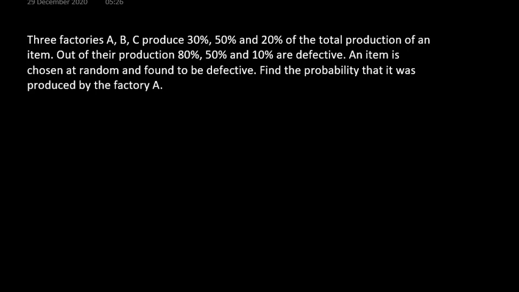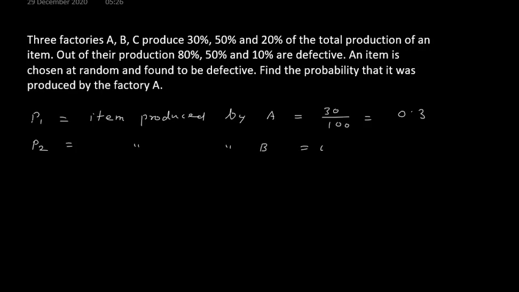So what I will do, I will say here P1 is probability of item produced by A. Now item produced by A, its possibility is 30 upon 100, that is 0.3. Similarly, I will define P2 as item produced by B, this will be 0.5, and P3 item produced by C, and this is 0.2.